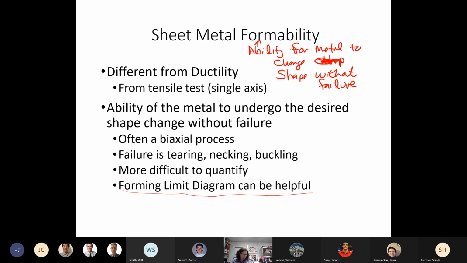There are different ways to do it, but one of the ways we're going to look at is the forming limit diagram. The circle grid is part of what we have. We will have the strain conditions that we need to form the part, and then the strain conditions for the material itself.